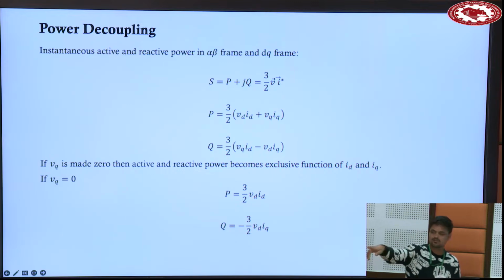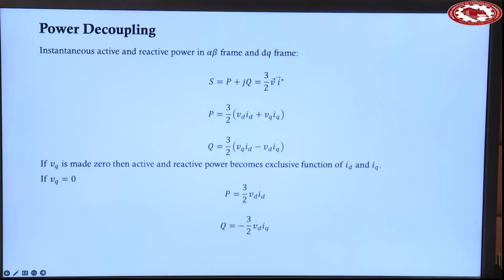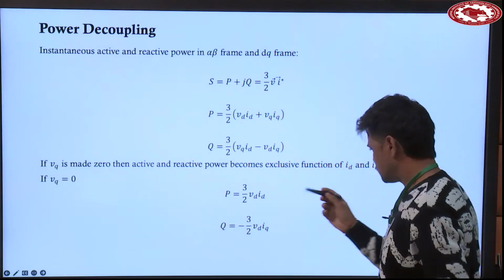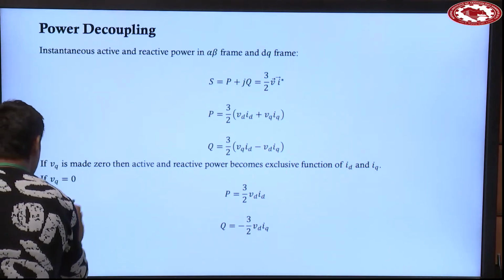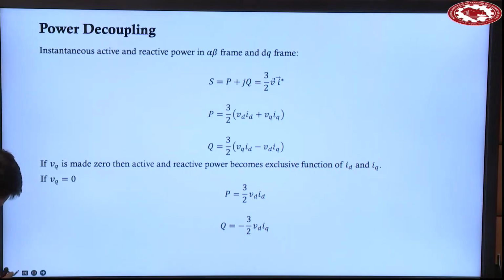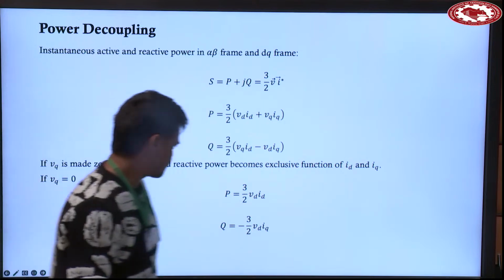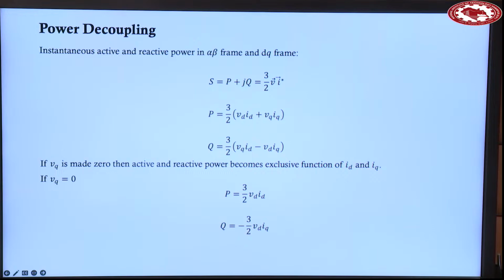If you write this PQ equation in matrix form, it will be PQ, then the matrix with VD, VQ in the first row, then VQ, minus VD, and the second column ID, IQ. Are you getting it?